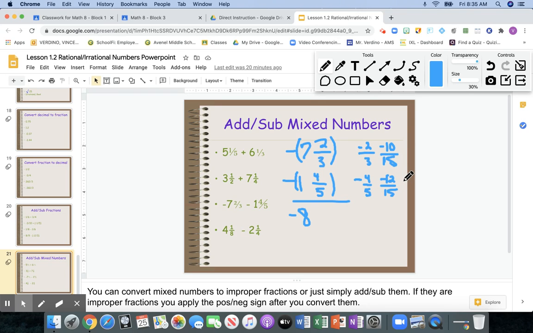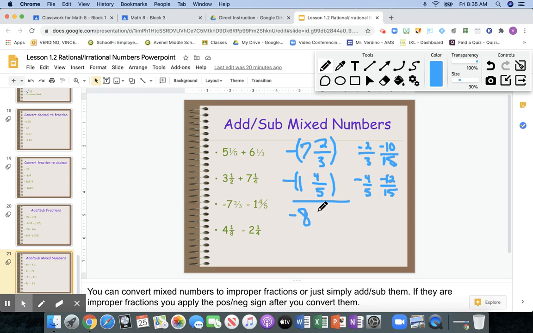So if I subtract these, keep, change says to keep the first value, negative 10, and remember, change the subtraction to addition, and then change the final value to negative. So I'll have a negative 22/15.